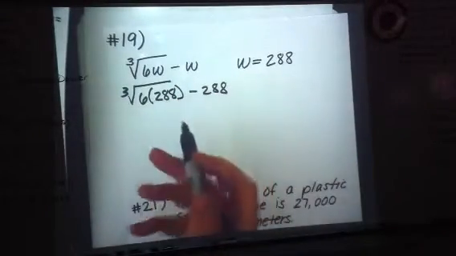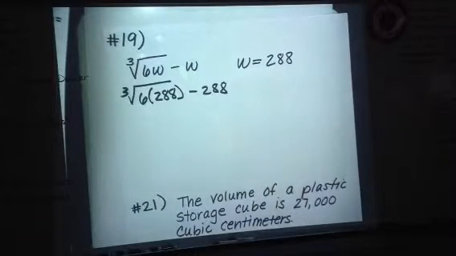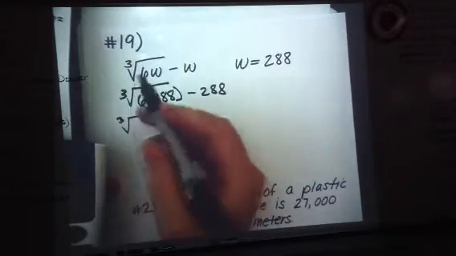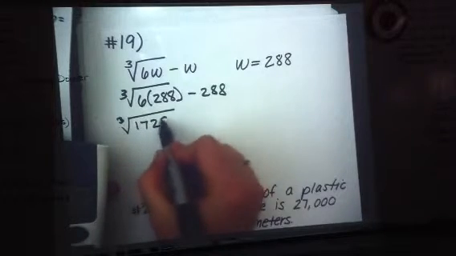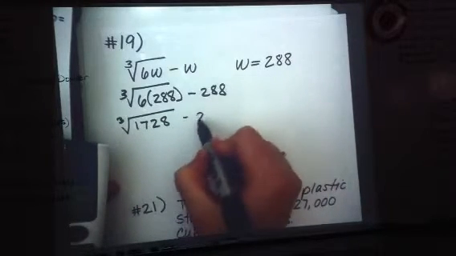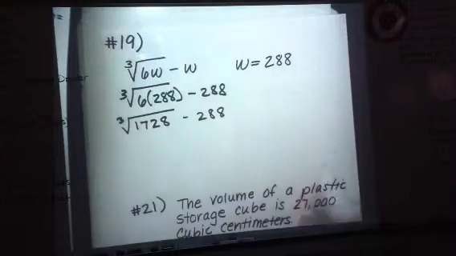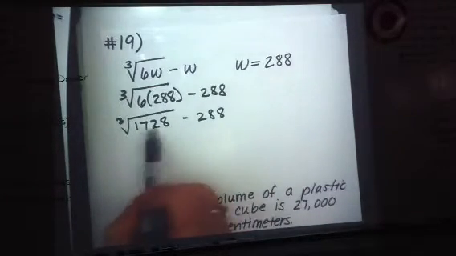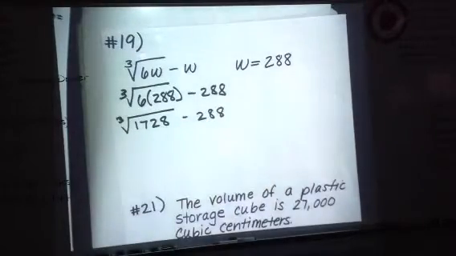So as always, I need to start with my cube root. So I'm going to grab my calculator and I'm going to do 6 times 288. I still gotta find the cube root, but I got 1728. Luckily it wasn't 1738, because you all would be singing a song. But I'm gonna go ahead and find that cube root.